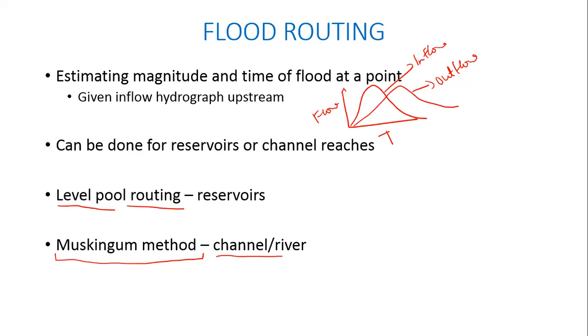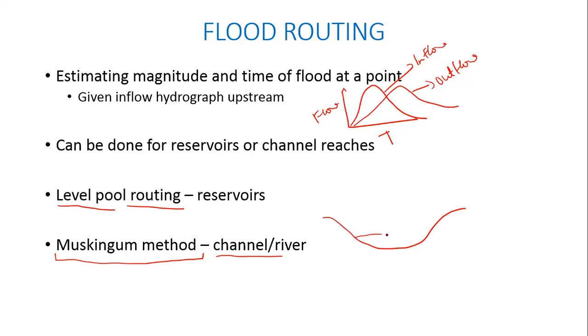So we will only be looking at level pool routing, which is applicable for a reservoir. When I say reservoir, I'm implying that it is a structure that allows you to store water for a considerable period of time. Whereas a river can also store water. If you think about a river, the water level in the river changes. Let us say I have a river cross section that looks like this.